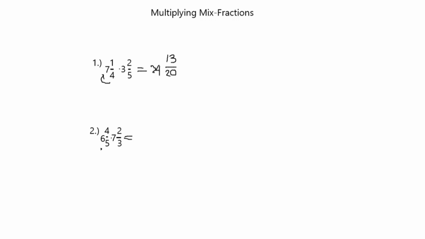Yeah, okay, let's go for number 2. So 6 times 5 plus 4 over 5 multiplied by 7 times 3 plus 2 over 3. My numbers are worse. Okay, there we go. So let's do the math. Parentheses first. 6 times 5 is 30 plus 4 over 5.